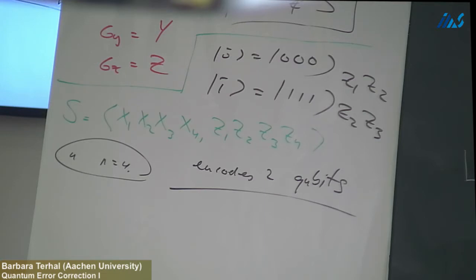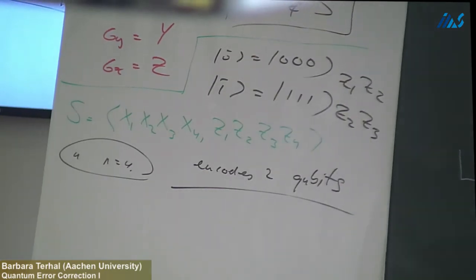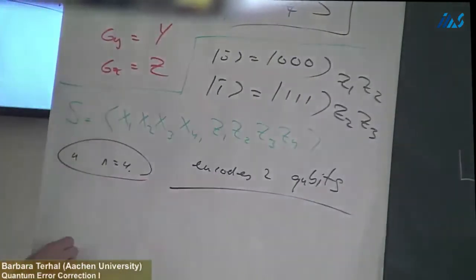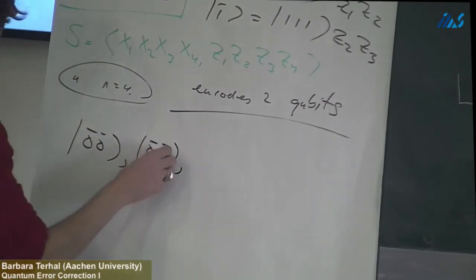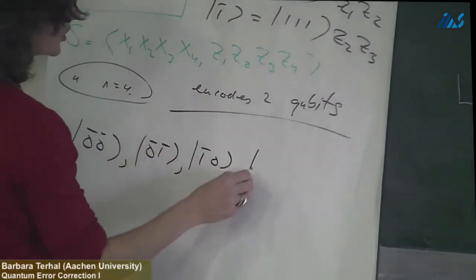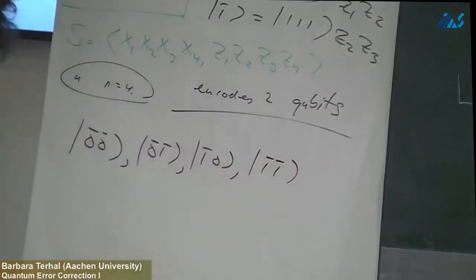Okay, so let's move on. If we look at the checks, we know how many qubits we encode, and so we could say, for this code, I could find states which encode 2 qubits, so I could find these vectors.